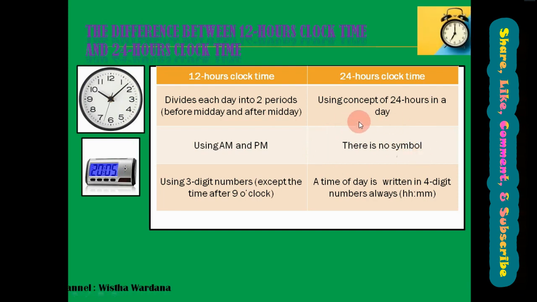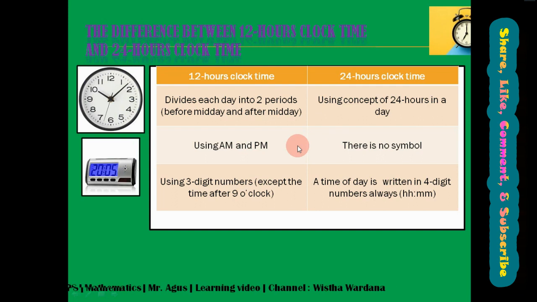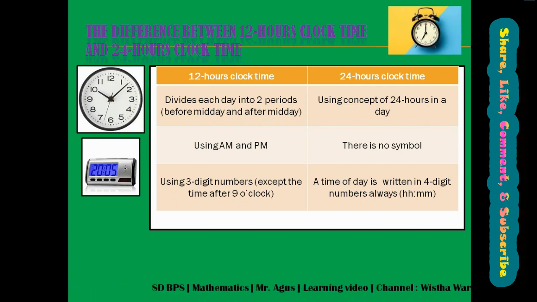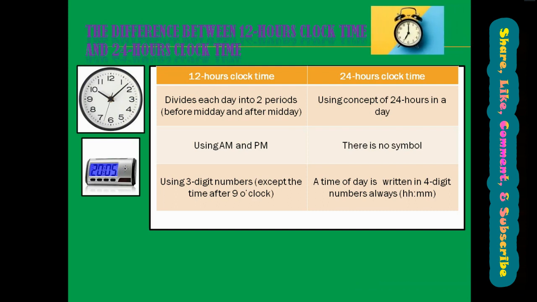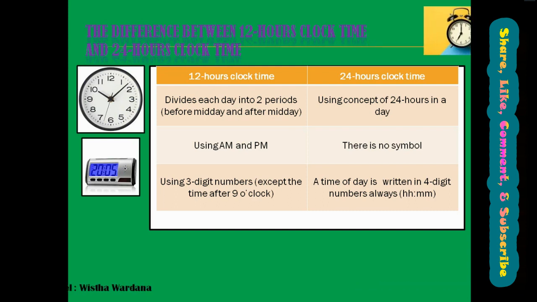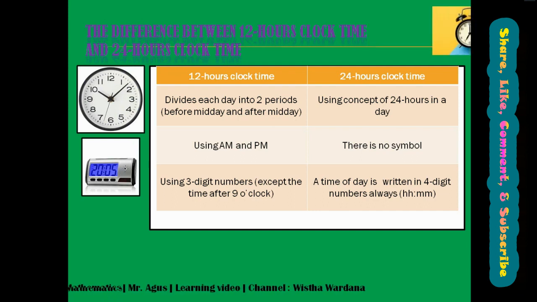And in 24-hour clock time, there is no symbol like AM or PM, because for the time past 12 o'clock, we can say afternoon, we write the number bigger than 12.